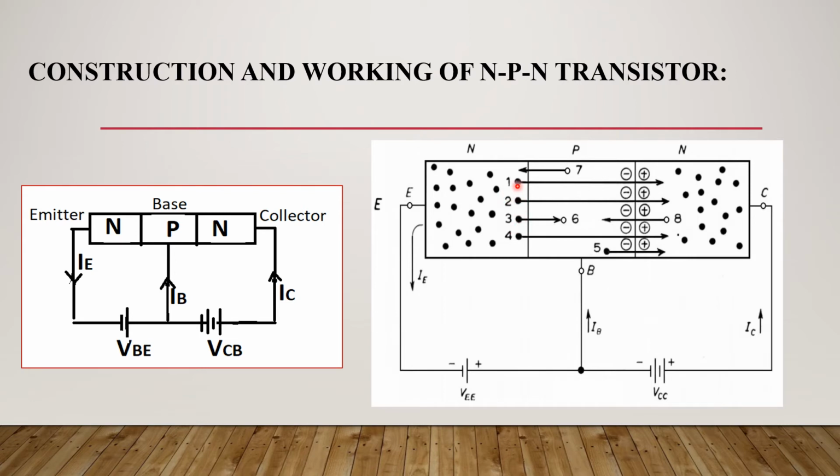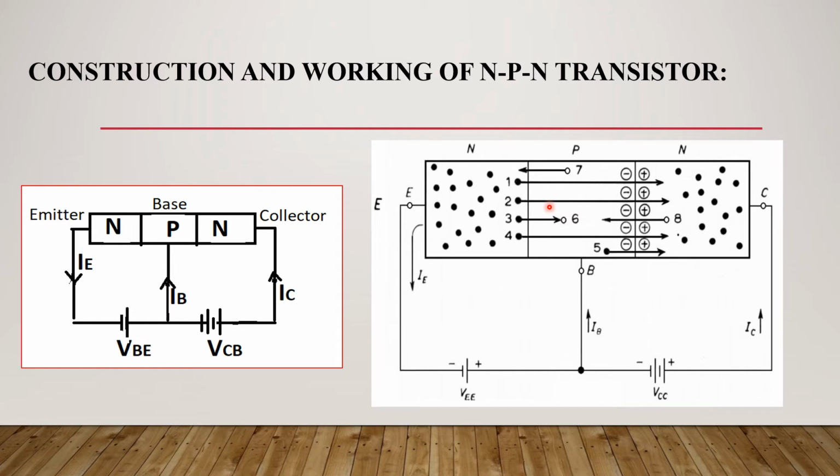Okay, here we have considered some electrons. Let us say this 1, 2, 3 and 4. What? They are crossing the emitter, isn't it? And they are crossing the emitter from N region to P region.